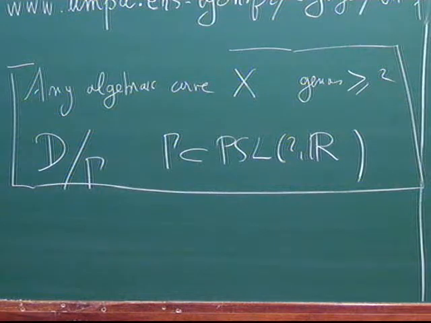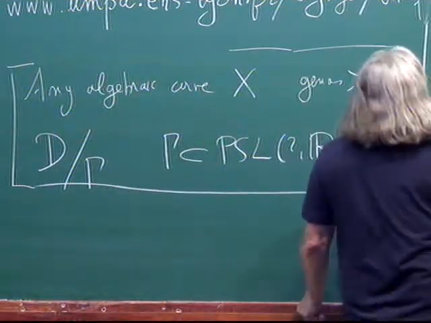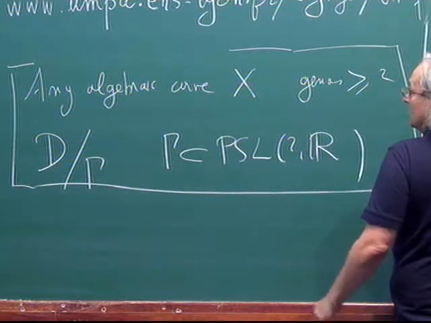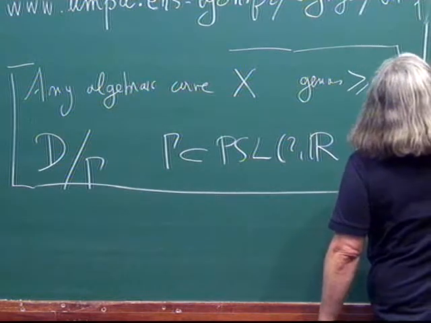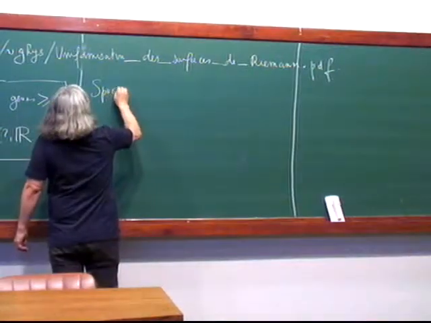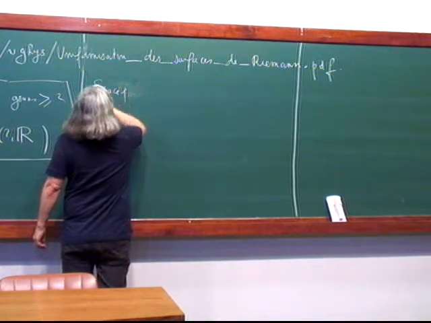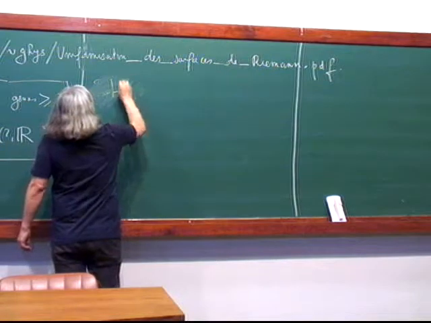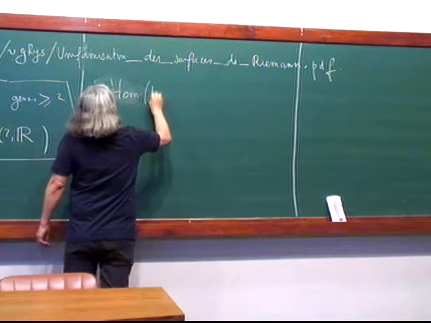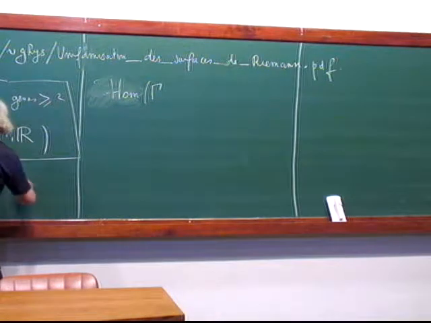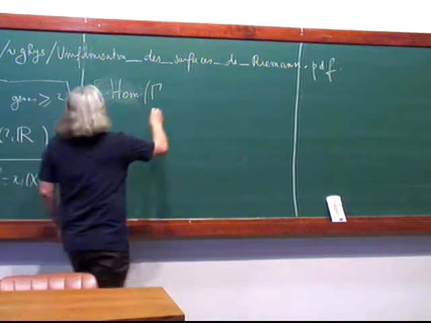Now I realized that, so I gave you the sketch of the proof. The sketch of the proof was to construct a map from the space of discrete homomorphisms from gamma, the fundamental group of X, to PSL2R.